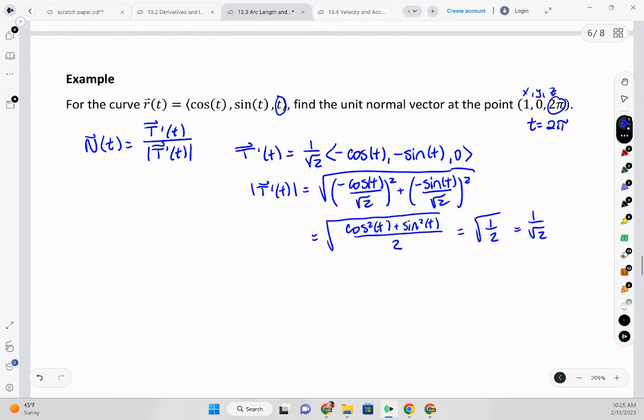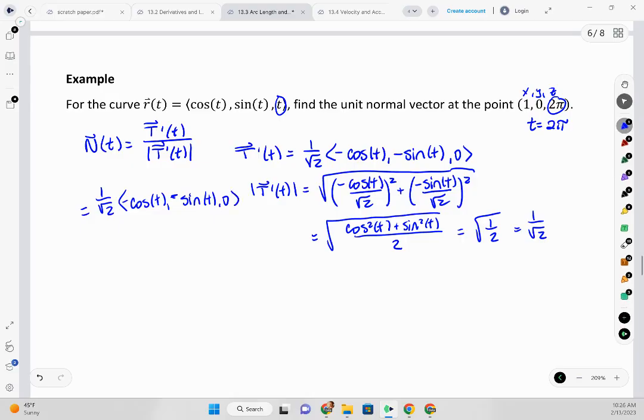Okay, so N of t, the unit normal vector, is just going to equal 1 over the square root of 2 times negative cosine of t, negative sine of t, 0. Let me move these guys over a bit.